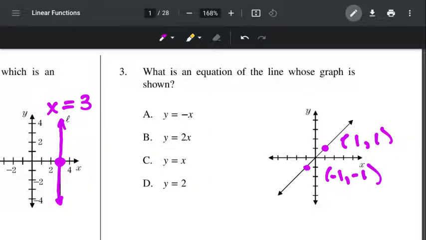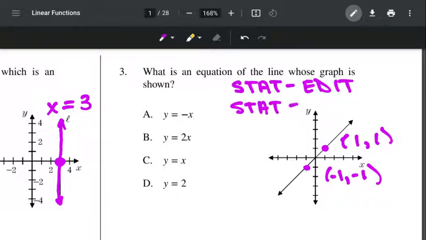So what you can do when you have points is use your stat edit on your calculator and stat calc number 4. Okay, give that a try. Because I am not doing this on a school computer, I don't have access to the graphing calculator, the regular one we use.